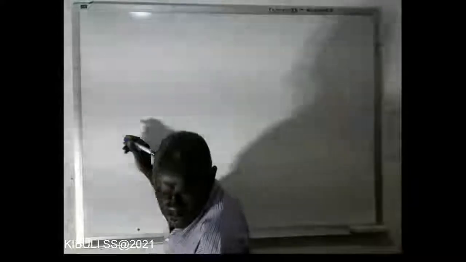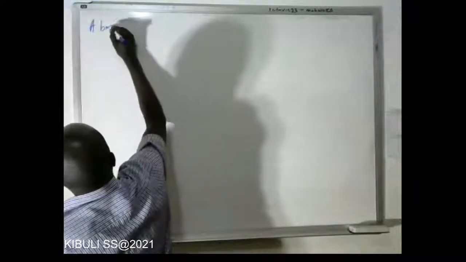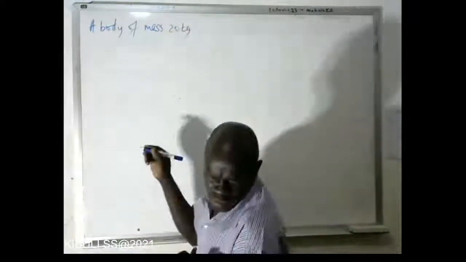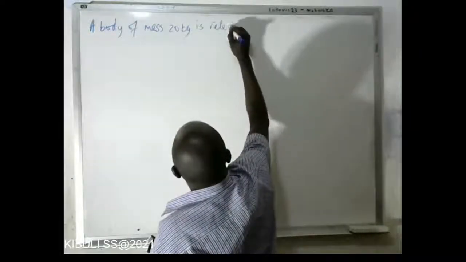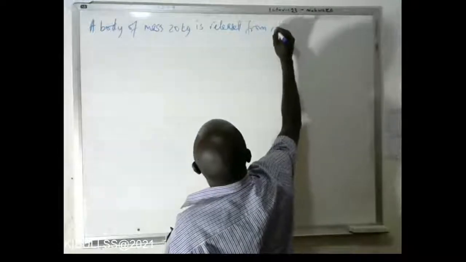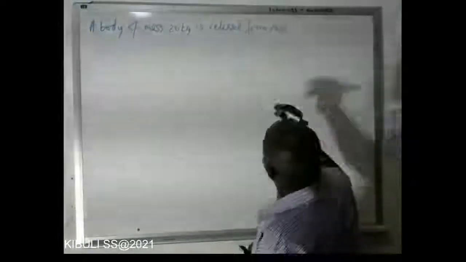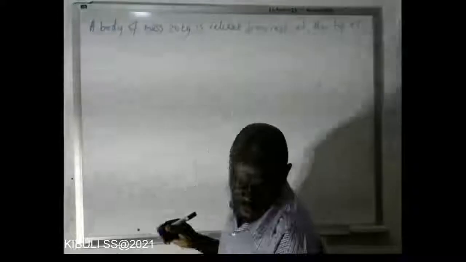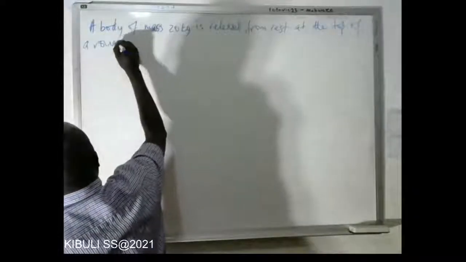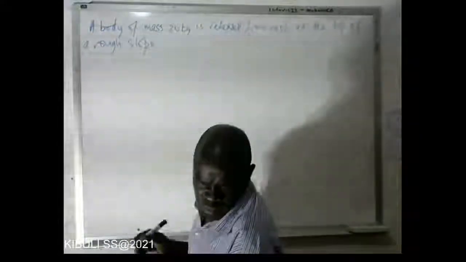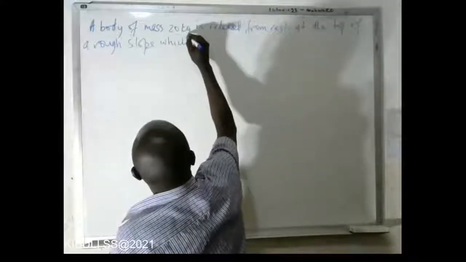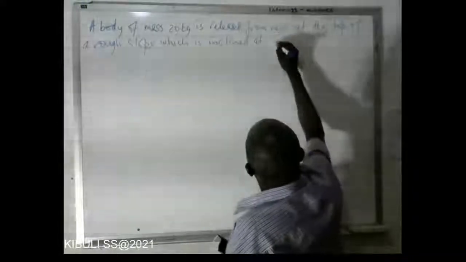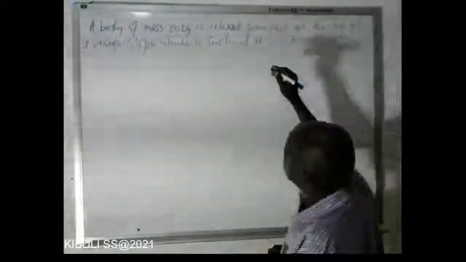The question says that a body of mass 20 kilograms is released from rest at the top of a rough slope, which is inclined at 30 degrees to the horizontal.